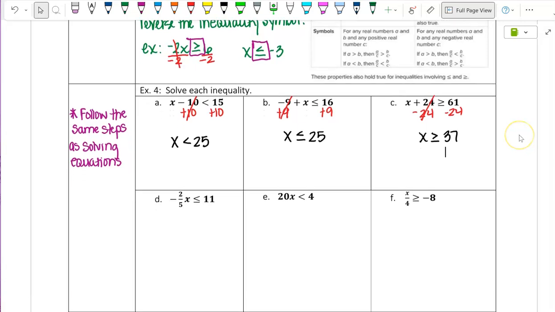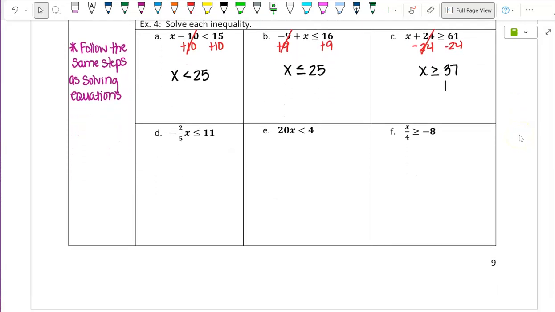All right, problem D, negative 2/5 times x is less than or equal to 11. Briseis, what would I need to do to both sides here? Fractions are a little tricky. This is actually a multiplication problem, so we are dividing.